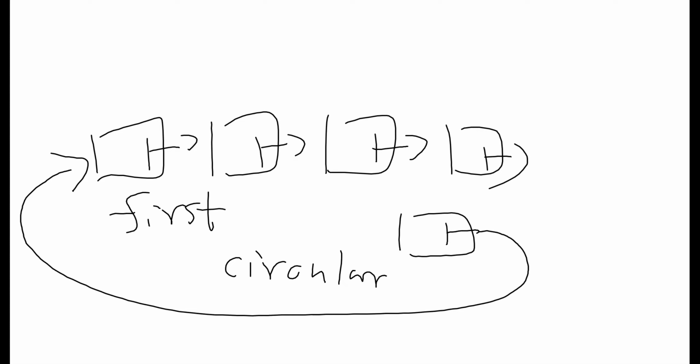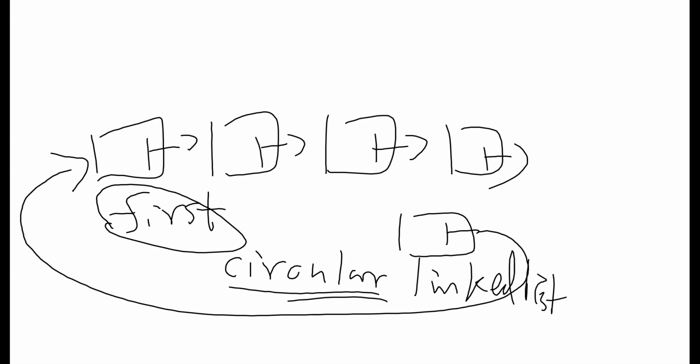The last node does not point to null. It points to the first node, but you still have something to identify where you're going to start. So it's circular, and in this case, a circular linked list.